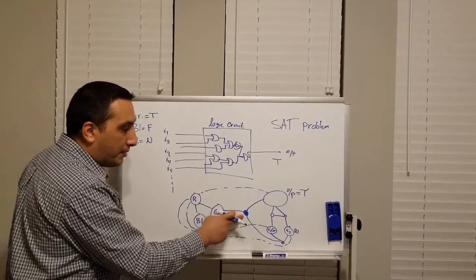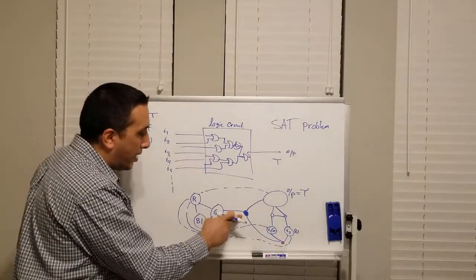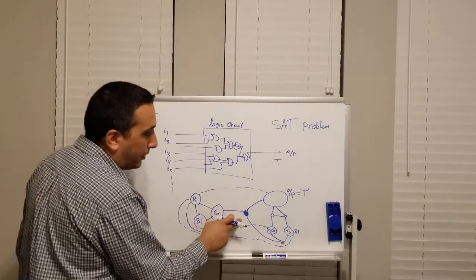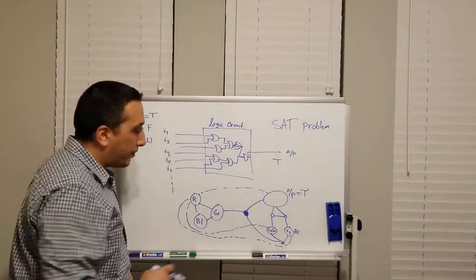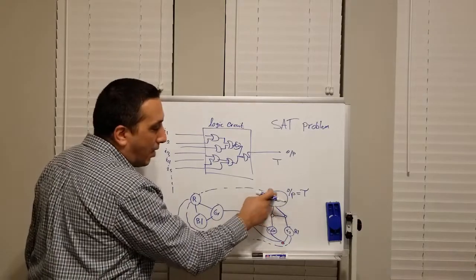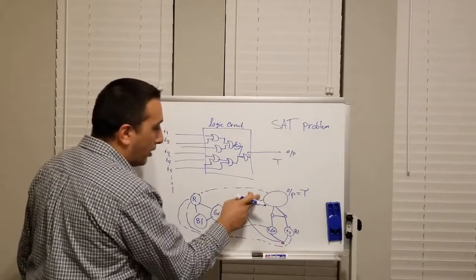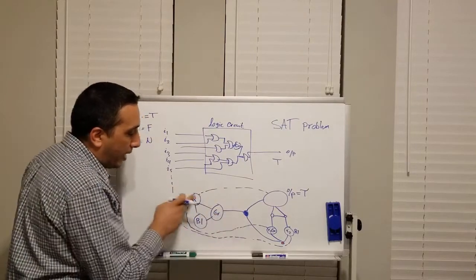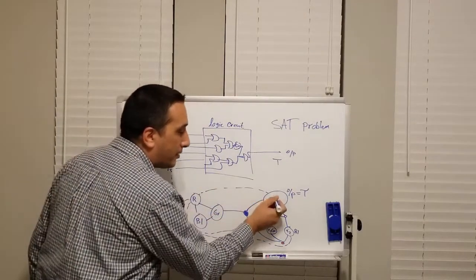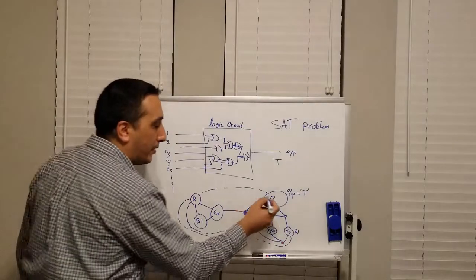So if this is blue, and which is connected to the vertex that we're considering as an output, and at the same time the output vertex is also connected to a red vertex, so we have blue and we have red, then this must be assigned a green color.